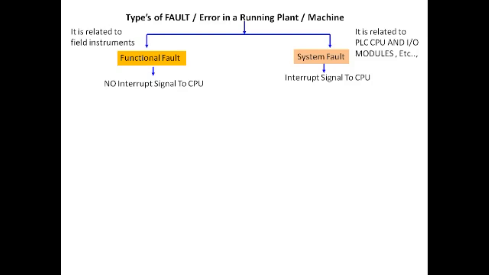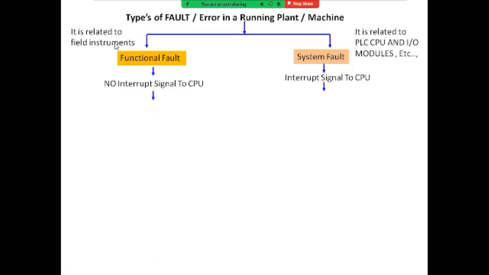So we get an interrupt signal to the CPU, or if there is any error on the CPU, if your CPU is not detecting that particular input module or any input signal, we can give the signal to the CPU. So the CPU goes to stop mode.